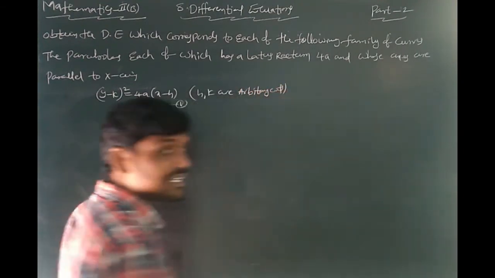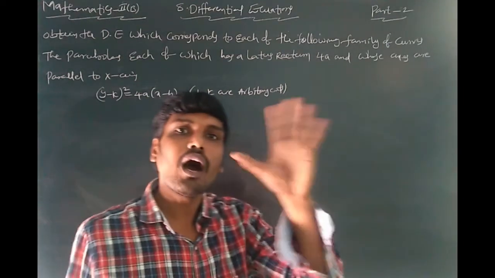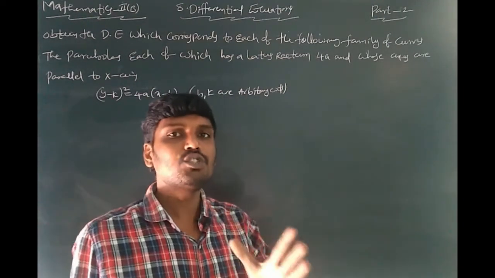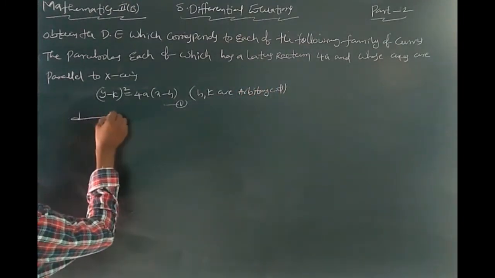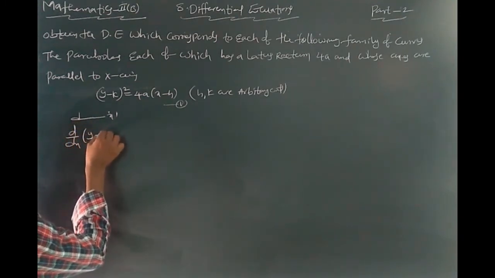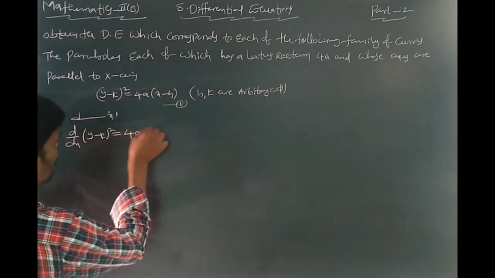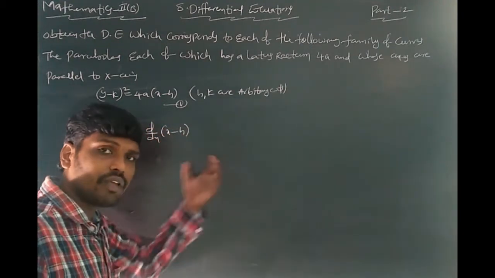Here, how many arbitrary constants are there? Total 2. One is h, another one is k. In this way, you have to differentiate two times. First, differentiate one time with respect to x: d by dx of y minus k whole square equal to 4a into d by dx of x minus h. Here 4a is common.